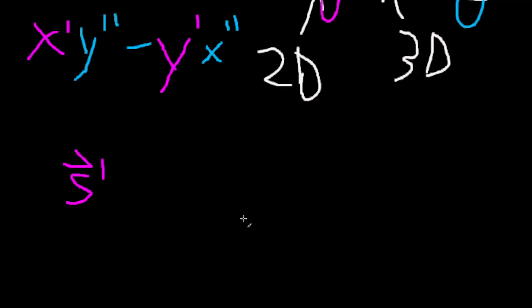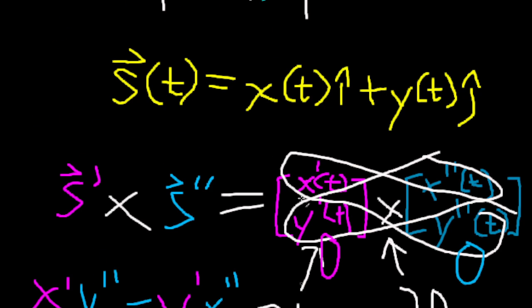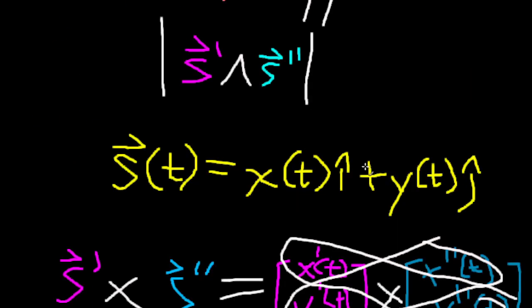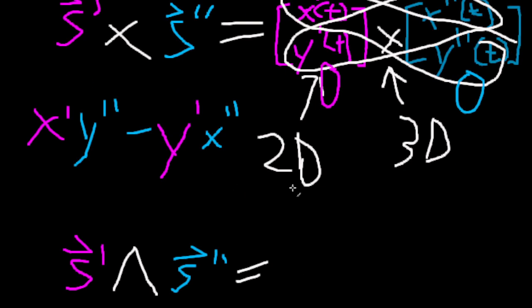So again, we have S prime, and then we have to wedge that with S double prime. And what we're going to do is express this in terms of the addition form.